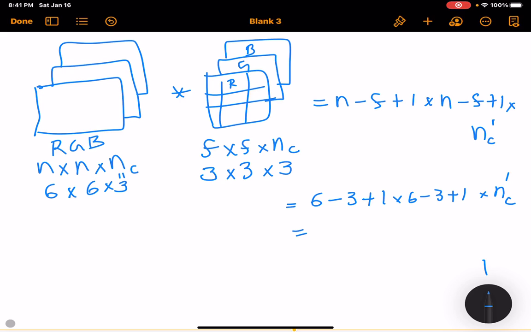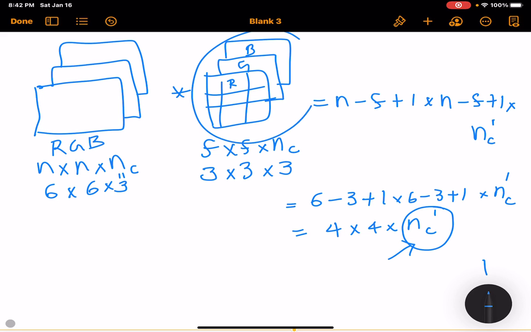which is equal to 4 cross 4 cross NC bar. And the important thing to remember here is that this number of channels NC bar is equal to the number of filters. So in this case, I have used only one filter. Now suppose that I also have another filter, one more filter.